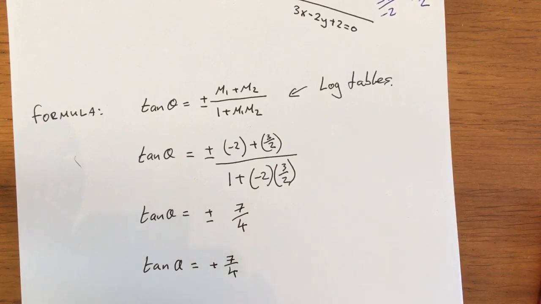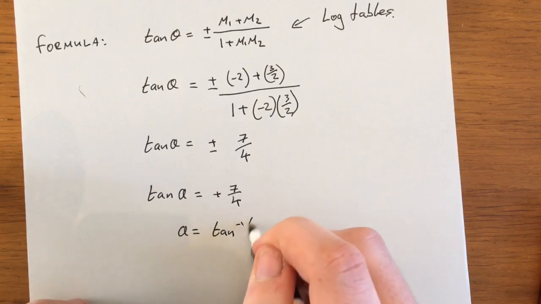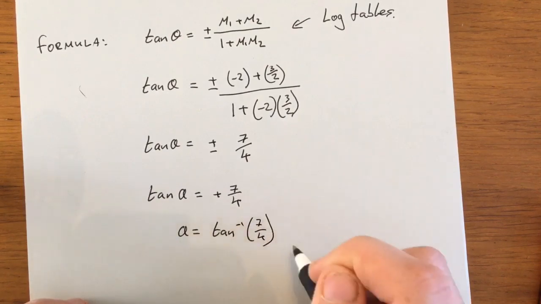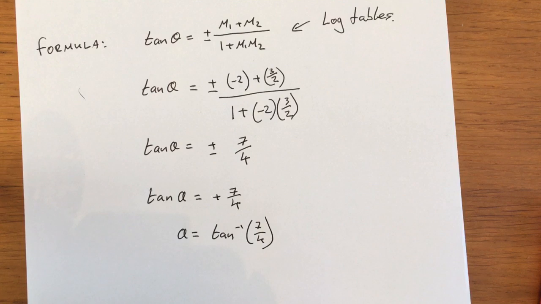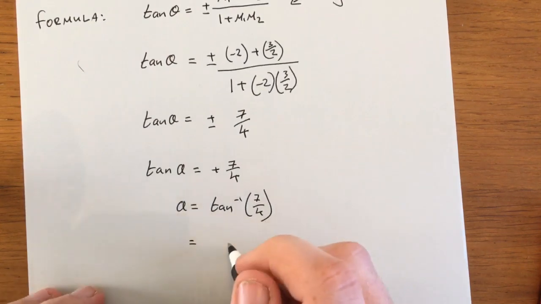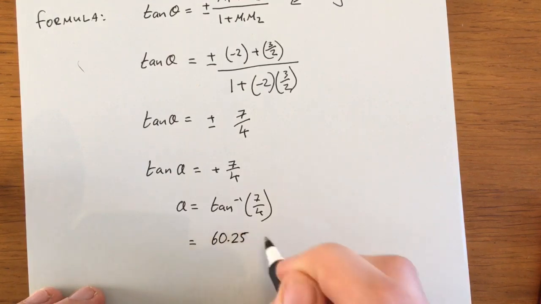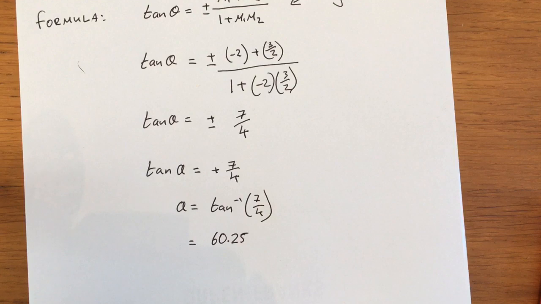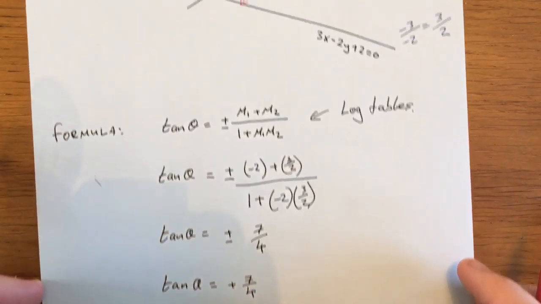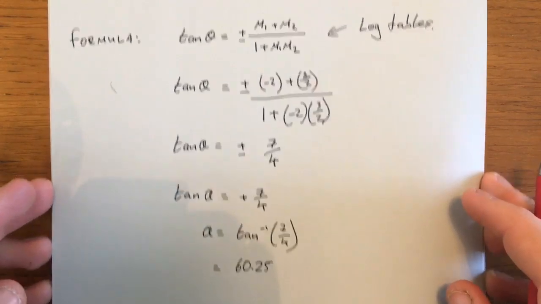We can do that first. And then we know to find theta, we do tan inverse of 7 over 4. And that will give us an angle, if we put that into the calculator, of 60.25 degrees. So one of our answers is 60.25 degrees.